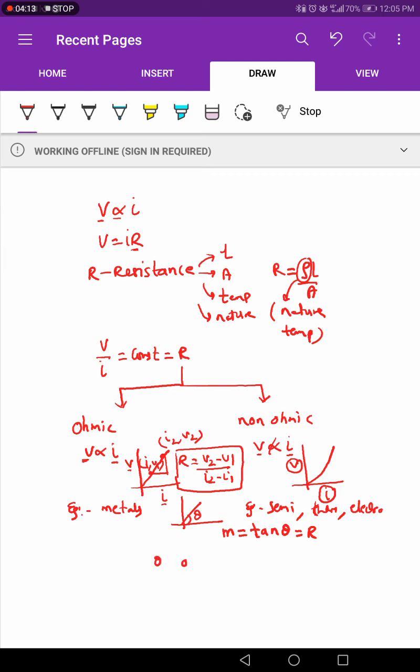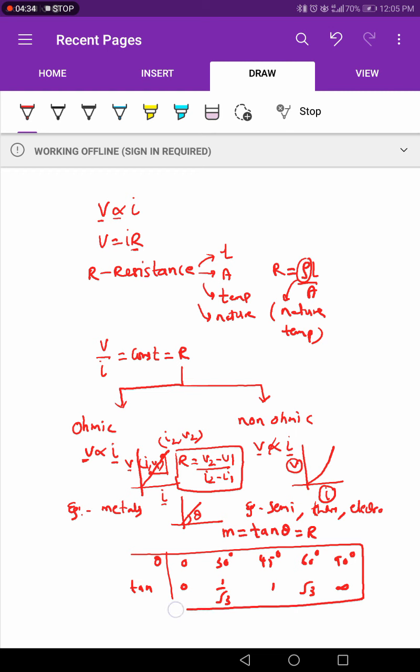For theta values 0, 30, 45, 60 and 90 degrees, the tan values are 0, 1 by root 3, 1, root 3, and infinity. These are the values of tan for different theta values. Mostly they are going to ask based on these values only: tan 30, 45, 60, 90.